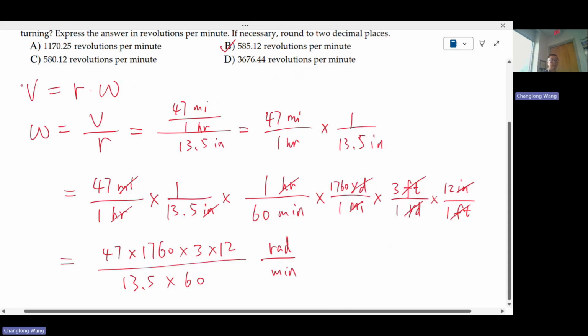So that brings us to the question: what was that little trap that was a big deal yesterday, right? When you try to use the formula V equals R times omega, what kind of units must you use for omega when it comes to angles? It could be per minute, per hour, per second, but when it comes to angles, it can never be anything other than radians.